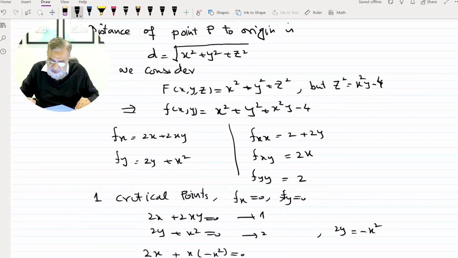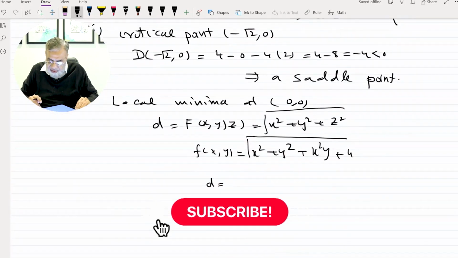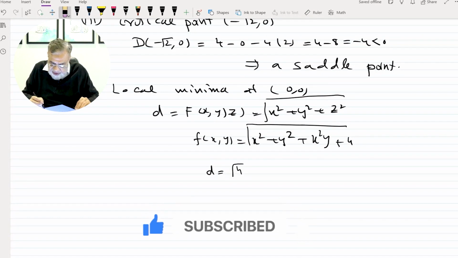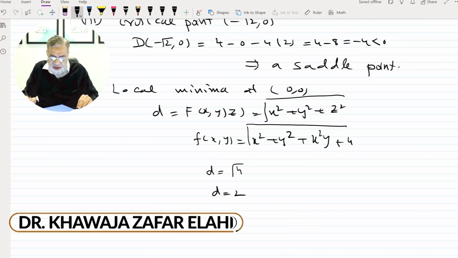No, this is not minus 4, this here is plus 4, and I make it also plus 4. So this is not making any difference to the calculations which I have done. So here I just make the substitution. We get root of 4, and this is d square. D is root of 4, and when I find the value of d, then my value of d is equal to 2. So this is my minimum distance between the point and the point on the surface. Z square is equal to x square y plus 4. Thank you very much.